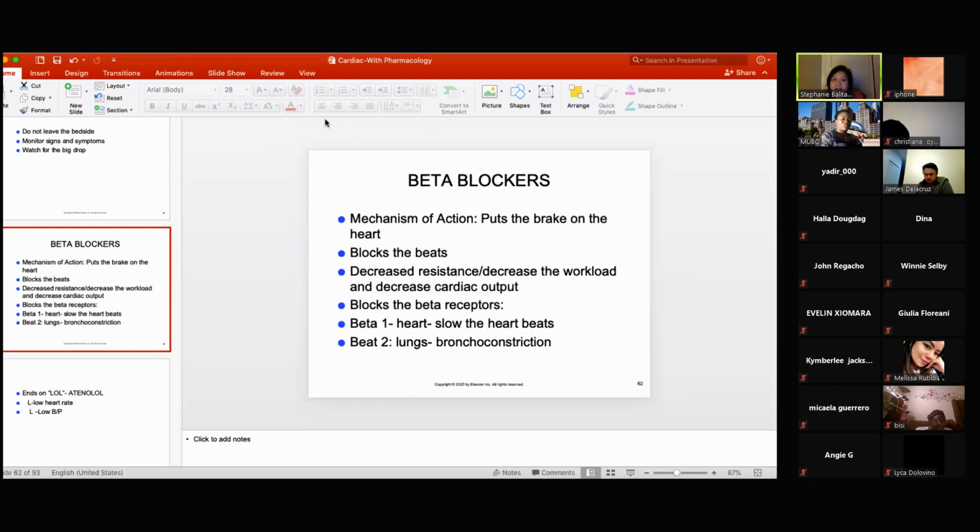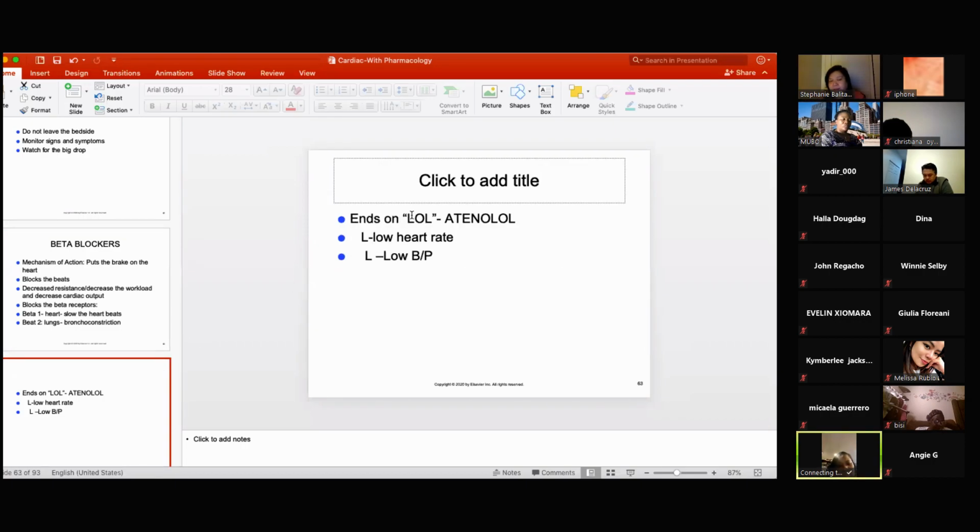So beta blockers slow down the heart rate. They lower the blood pressure, but they also cause bronchoconstriction in the lungs.